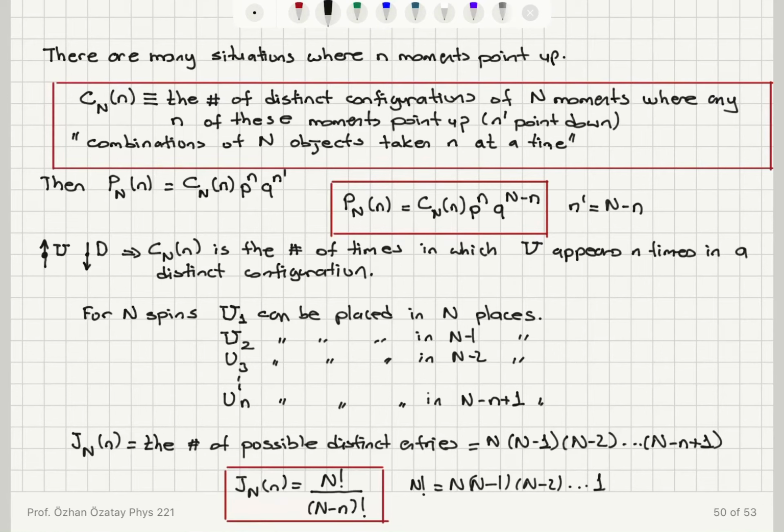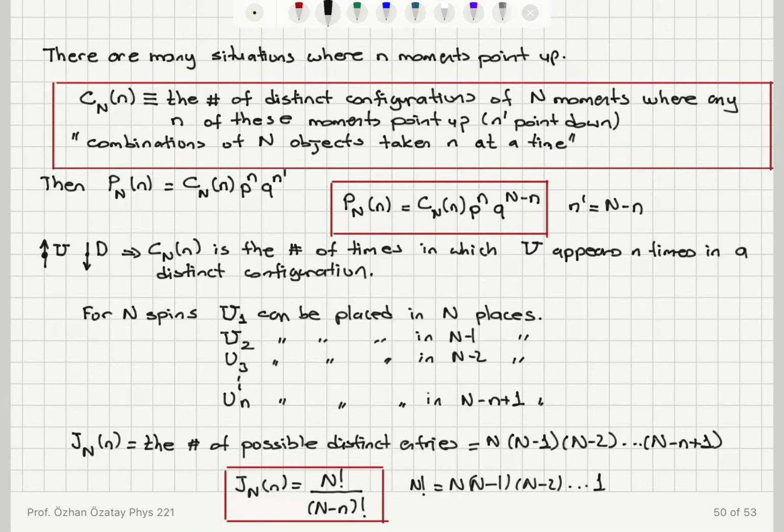Then I tried to understand how to calculate these combinations. For capital N spins, I can put the first up U1 in N places, the second up in N minus 1 places, the lowercase nth up in capital N minus lowercase n plus 1 places.